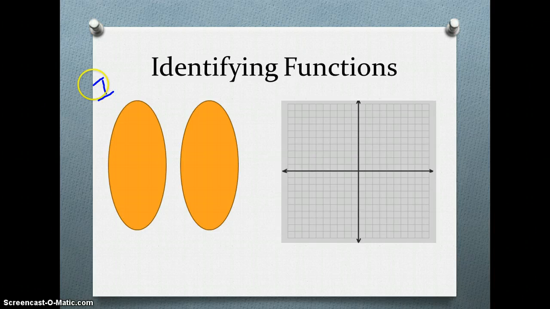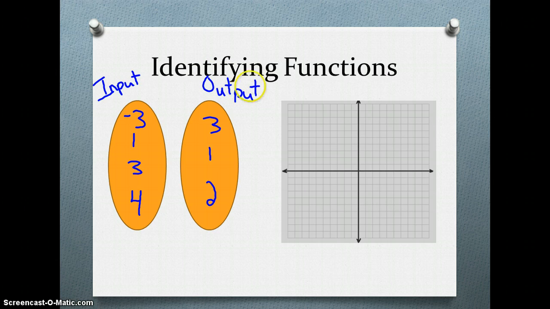Let's take a look at one more in this format here. We're going to go -3, 1, 3, 4, and then we'll have 3, 1, and 2 as our output. And it'll look like this. -3 will go to 3, 1 will go to 1, 3 will go to 1, and 4 will go to 2.